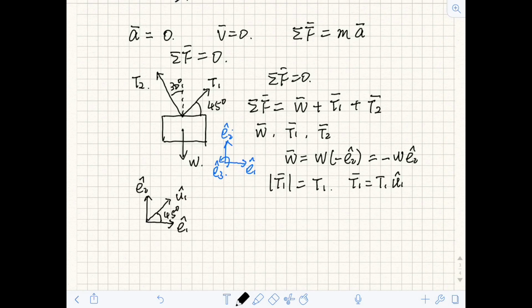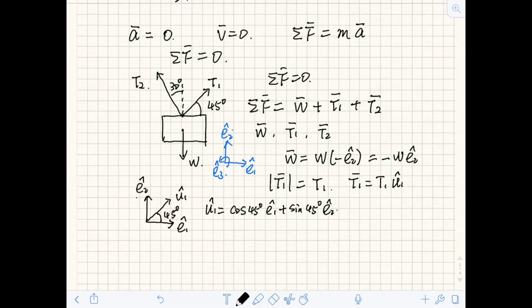Then we can find the component of U1 in terms of E1 and E2, which is cosine 45 degrees E1 plus sine 45 degrees E2.